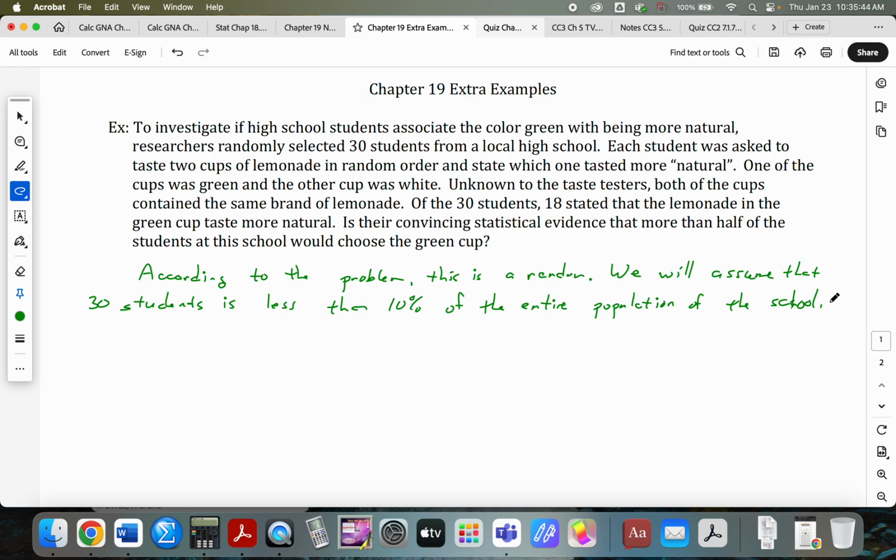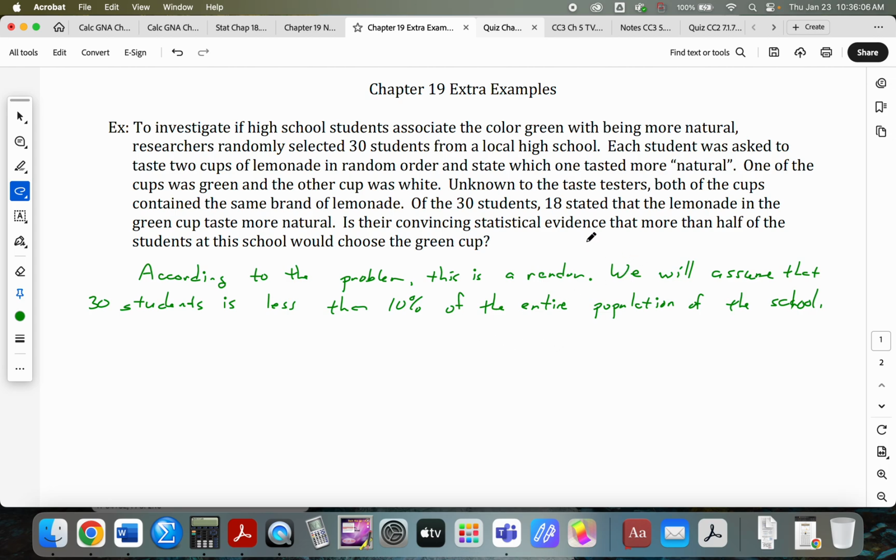But you want to take a small enough sample to get what you want. But what's the other part that we need to do? Needs to be greater. The success and failure has to be greater than 10%. Okay, so our expected successes and our expected failures have to be greater than 10. Yes, sir.